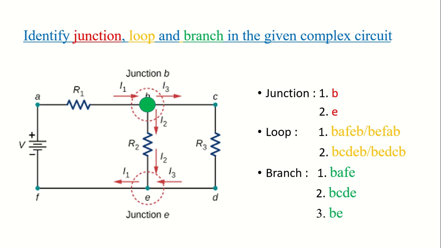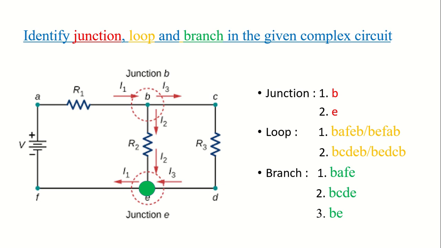So B is a junction, E is a junction, and the part between B and E, you can see, is BAFE. This is one branch. Now the second branch is BCDE. That is the second branch. And the third branch is from B to E directly.